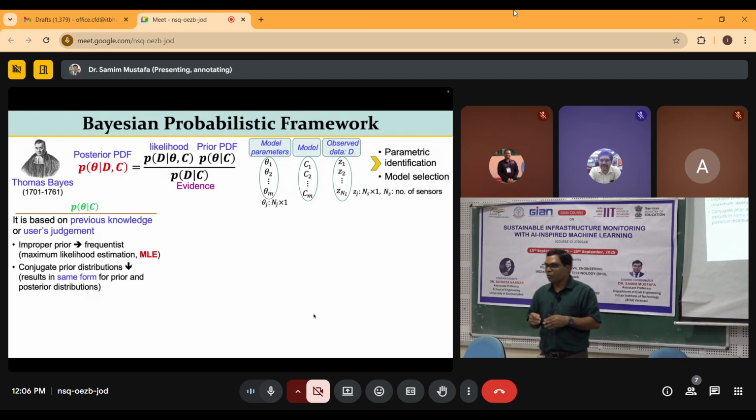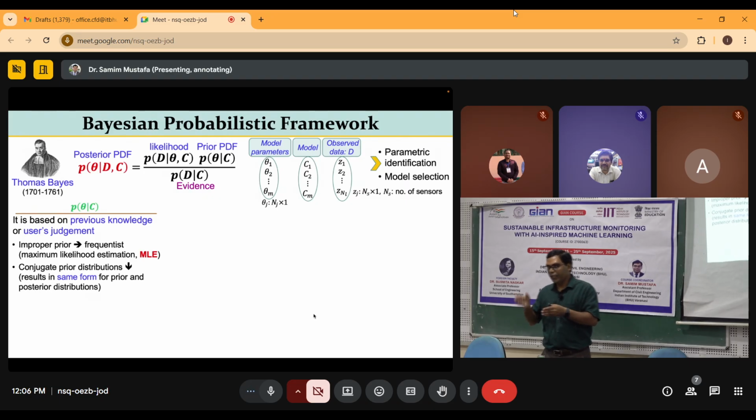Another way is, suppose you have tossed it several times previously, and you have found that out of 10 times, at least 7 times it came up head. So you can use that information as a prior, that there is a 70% chance that it will fall on the head side.